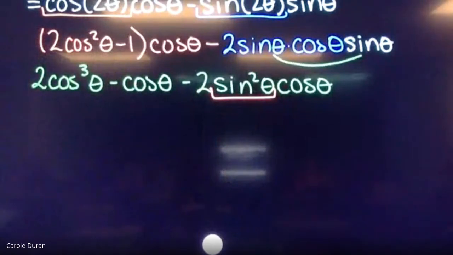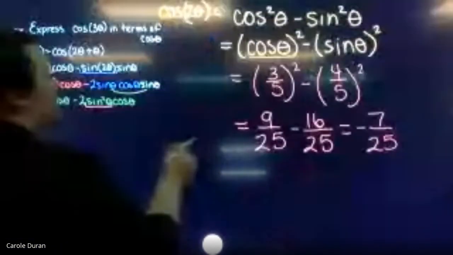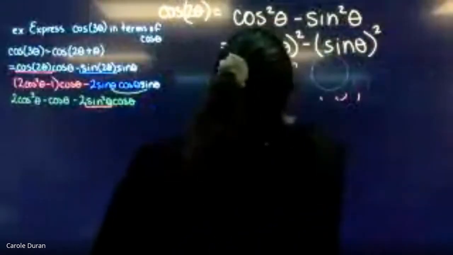The 1 minus 2 sine squared. Well, that's double angle. I don't have a double angle here. I have a sine squared. So I have a Pythagorean identity that says sine squared theta plus cosine squared theta equals 1. And I can manipulate that around to get the sine squared theta by itself.